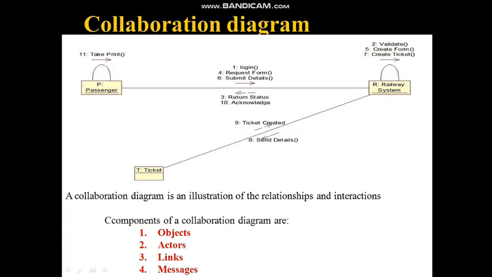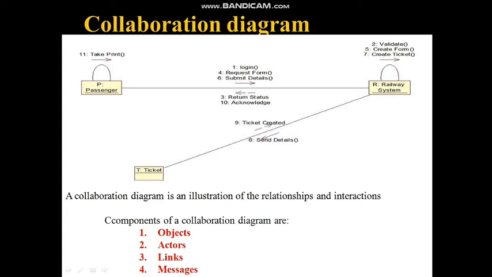Coming to links, links are connections which connect the objects and the actors and are depicted using a solid line between two elements, like what we saw in this picture. A line is linked between the passenger and the railway system, and the railway system and the ticket. So these are the links. Each link is an instance where a message can be sent.